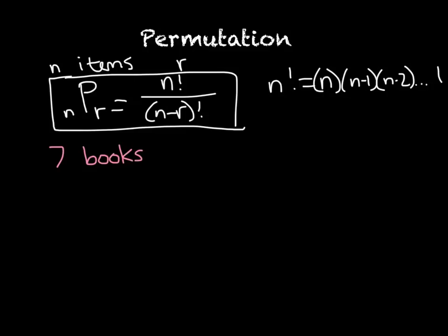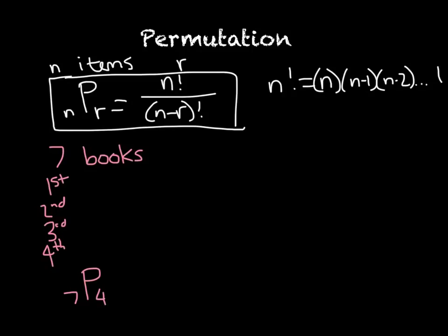So remember that she had to choose which book to read as her first, second, third, etc., all the way down to the 7th. But what if, let's say that she only had time to read 4 books? In this case, we would have something represented by a permutation, 7 items, and she has to choose 4 out of them, and it matters what order she reads them in.